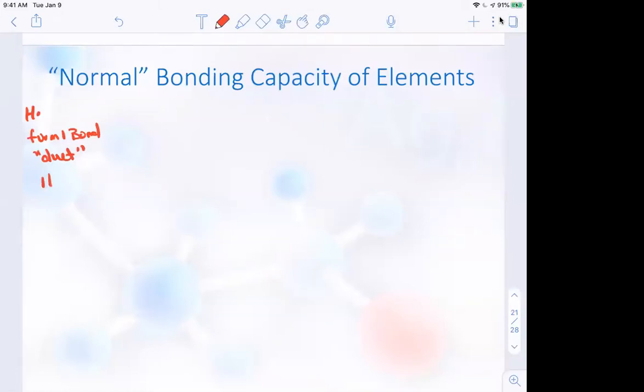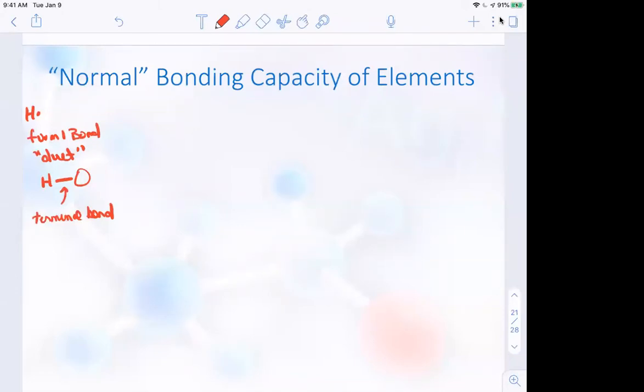So hydrogen is usually forming something like this to some other atom. This is going to be my duet, and usually this is a terminal bond, which means that it sort of fills space around different carbon atoms. You're going to see a lot of hydrogen surrounding carbon atoms when we get into organic chemistry.